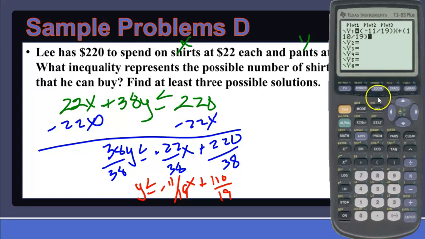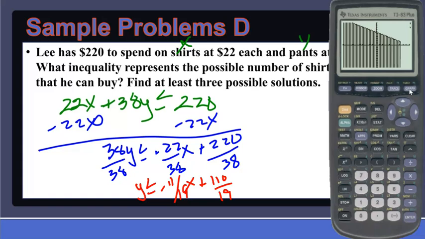And if I go to the far left of the y equals, it's got to be below the line. So if I hit enter, I want the lower left shade triangle here. Now if I hit graph, you can see everything underneath would be a solution.